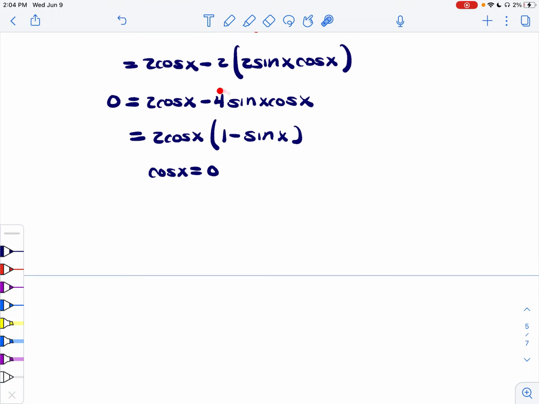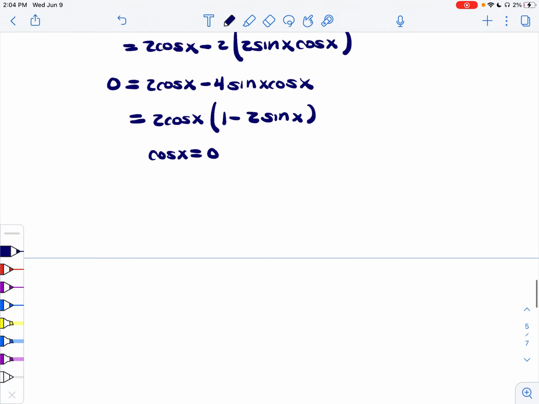This guy was a 4 sine of x cosine of x, so that should have been 1 minus 2 sine of x as our second factor. Sorry about that. Okay, if we set that second factor to 0, we would have that sine of x is equal to 1/2.